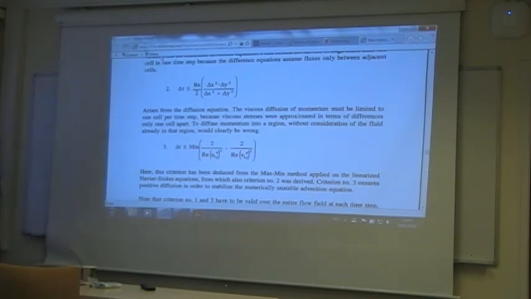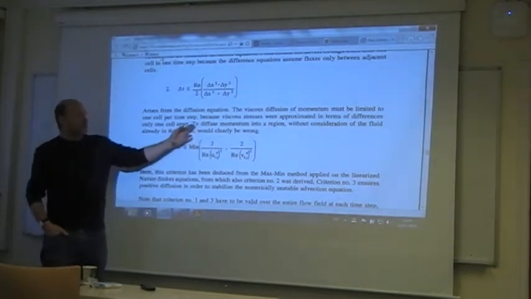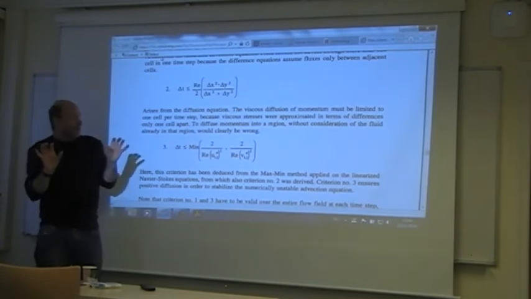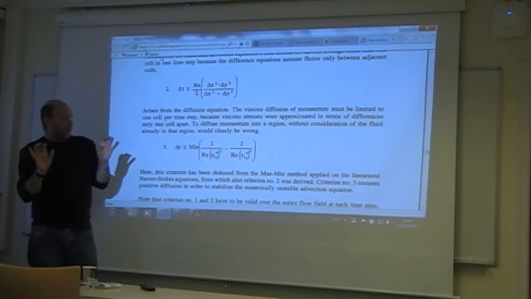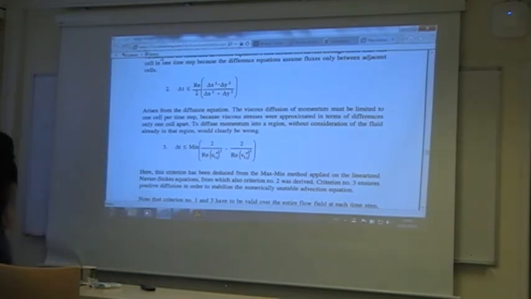And it says something about diffusion that we must sort of take into account: diffusion from the neighbors that enters into your cell. So if you have momentum from not just the neighbor cell but even the far neighbor, then that one also should be into your equation system.